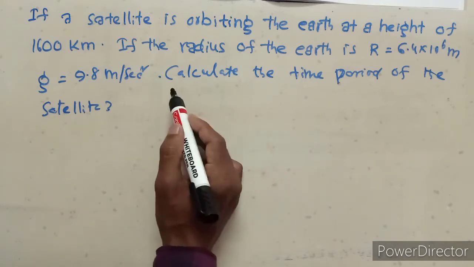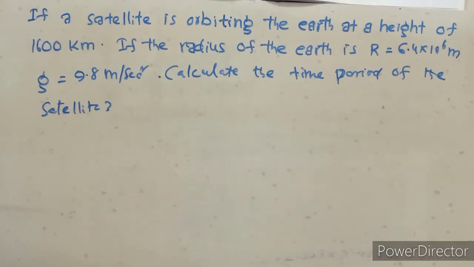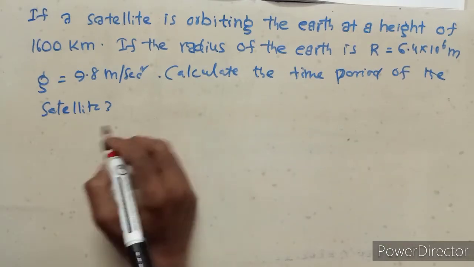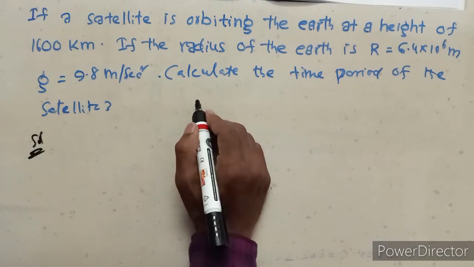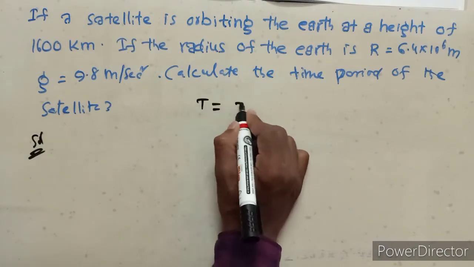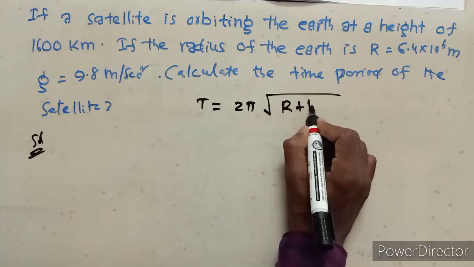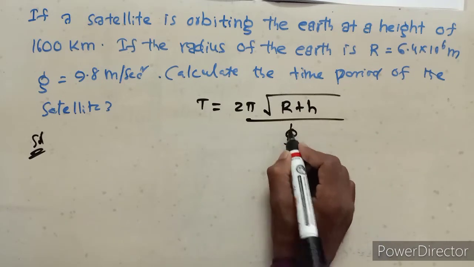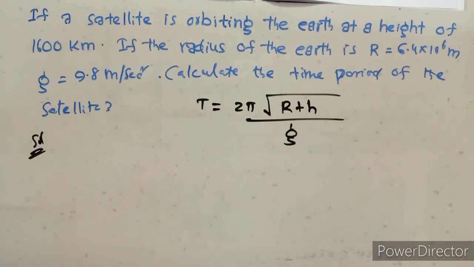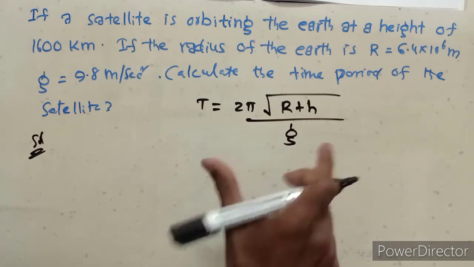What is the formula for the time period of a satellite? The time period T equals 2 pi under root of (R plus h) upon g. This is the formula of the time period.